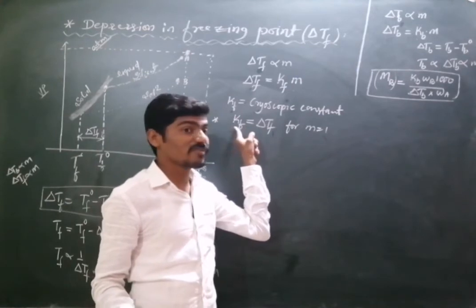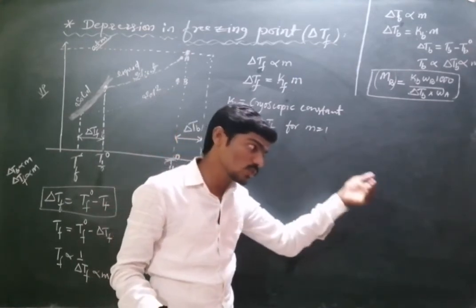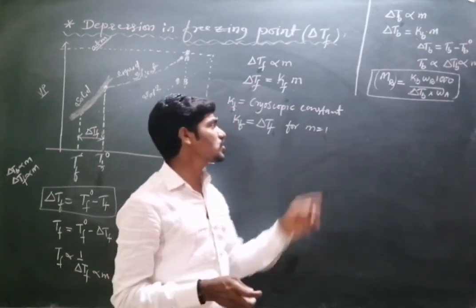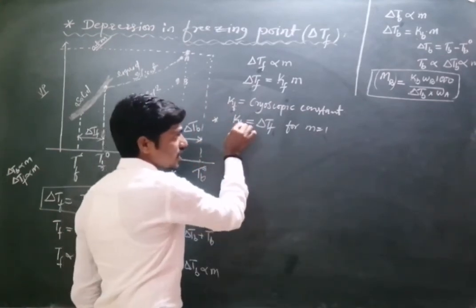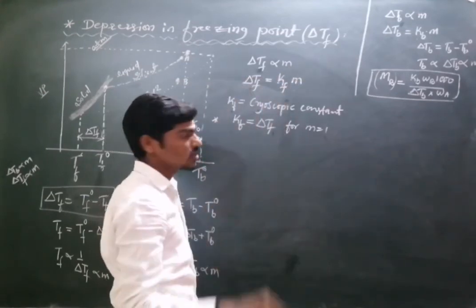There also we have defined the same, Kb is equal to delta Tb for m equal to 1.